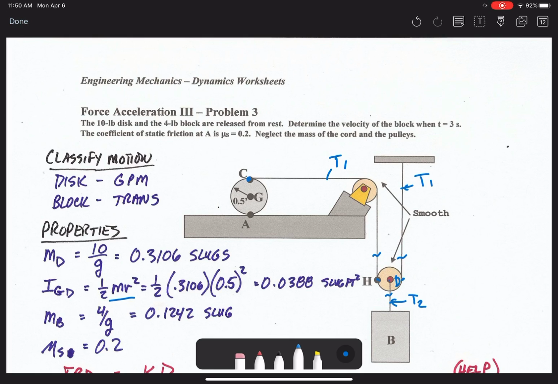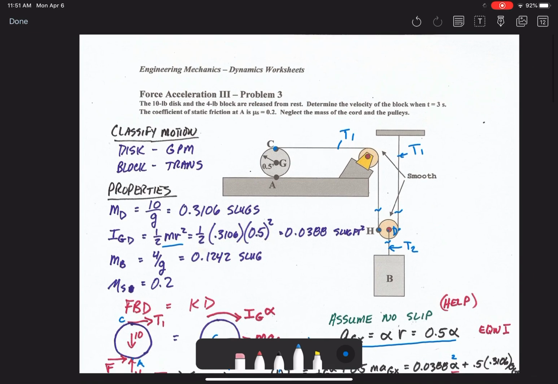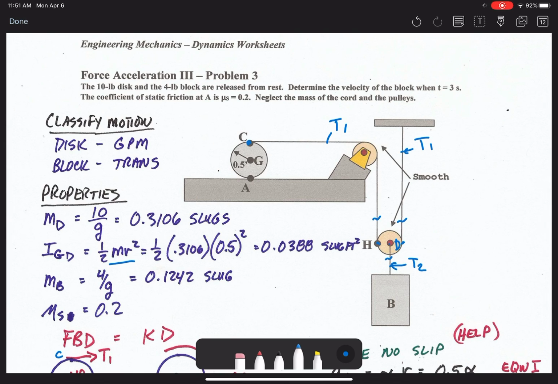The bottom line is you need to look for the many kinematic relationships and use your knowledge of statics to really tackle and solve this complex problem, and use this concept for any force acceleration or even the future work energy and impulse momentum problems, because we also deal with the kinematic relationship for kinetic problems in the future.